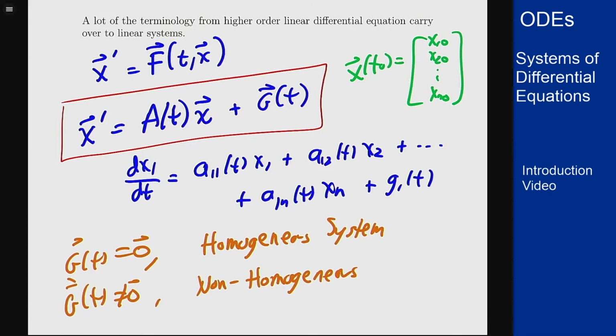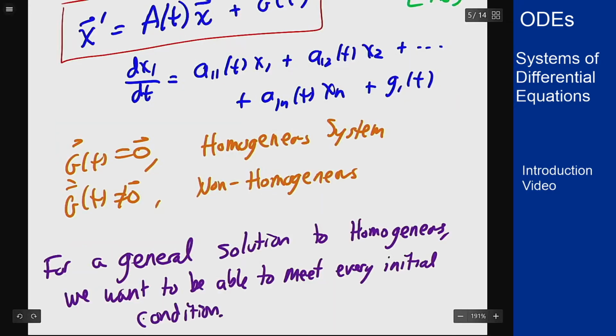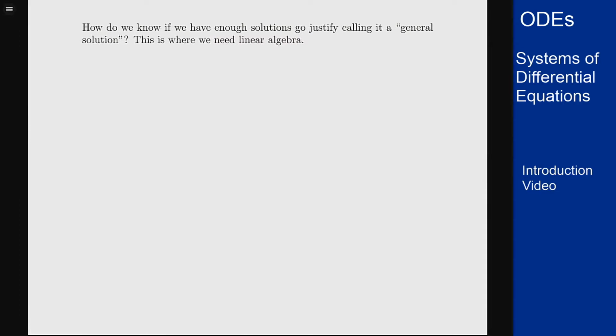Now, can we have the same idea for a homogeneous system, having a general solution where we can meet every initial condition? The question then becomes, is there a way to do this? And secondly, how do we justify it? The justification comes down to linear algebra. If I have a homogeneous system, x prime equals A of t times x, I want to write a general solution from this.